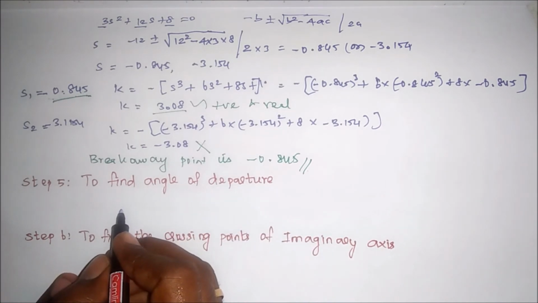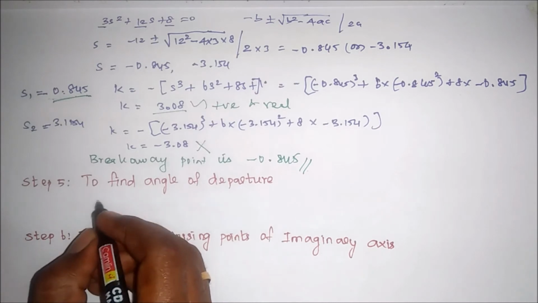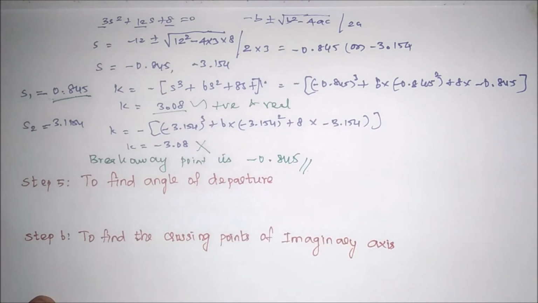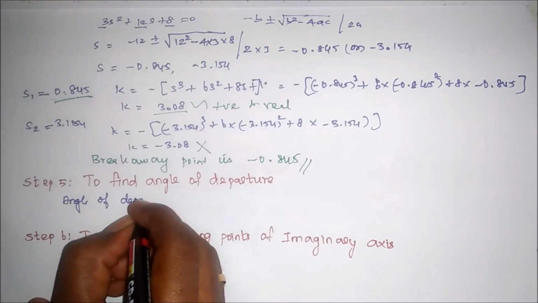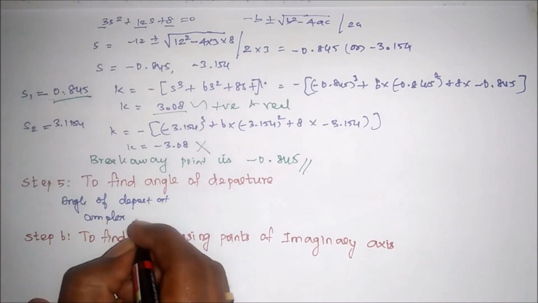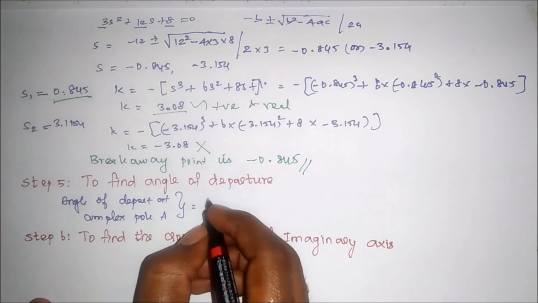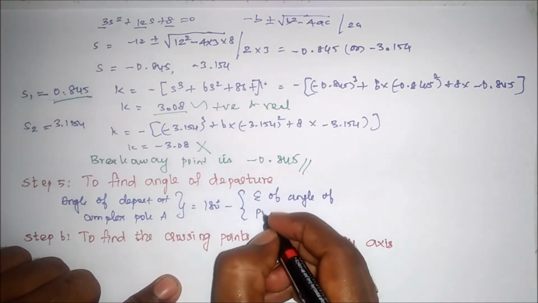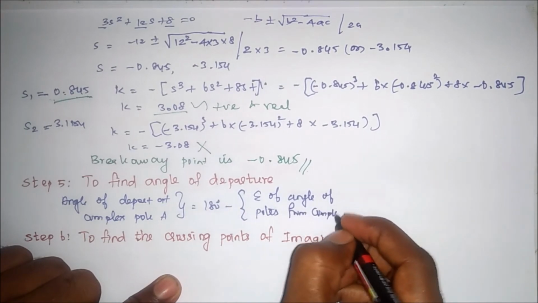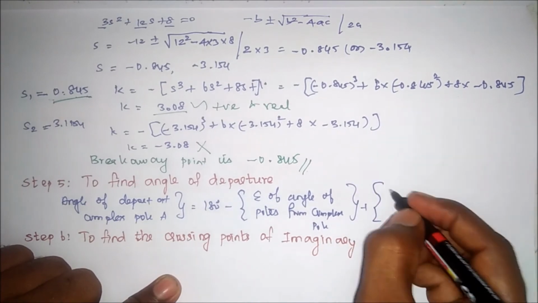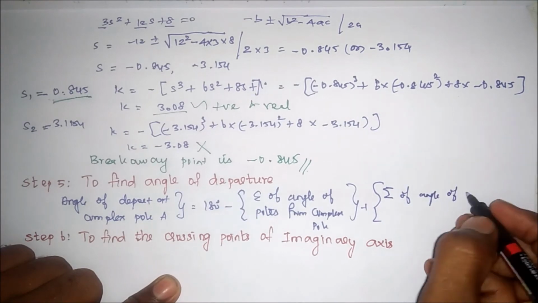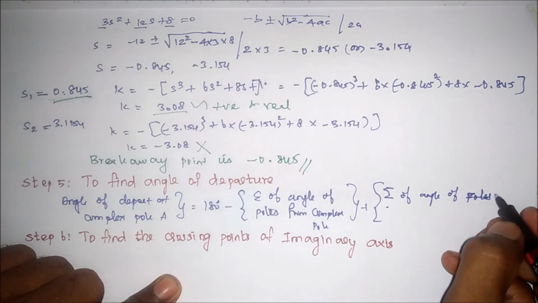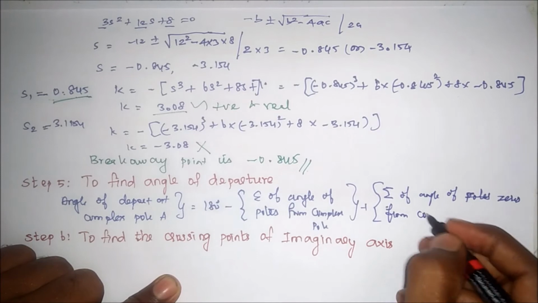So formula to calculate the angle of departure is, so if we have complex pole, we can calculate the angle of departure, or if complex pole is available in the given problem, angle of departure will be there, because the formula for calculating angle of departure at complex pole A equal to 180 minus sum of angles of poles from complex pole plus sum of angles of zeros from complex pole.